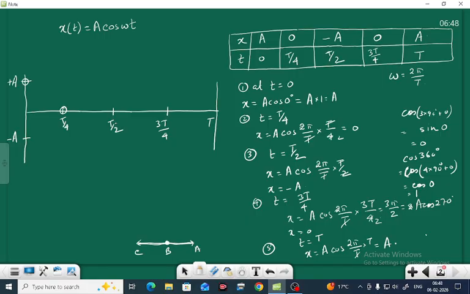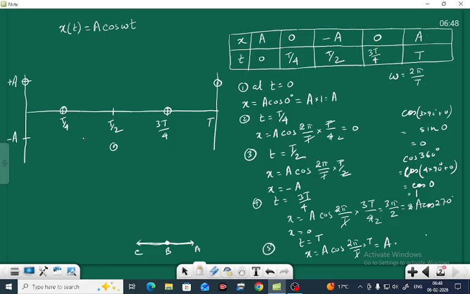And at T by 2, the value is minus A. So we are getting a point here as minus A. Again we are getting the value 0 at 3T by 4. At time T, it is plus A. So we are getting this point.